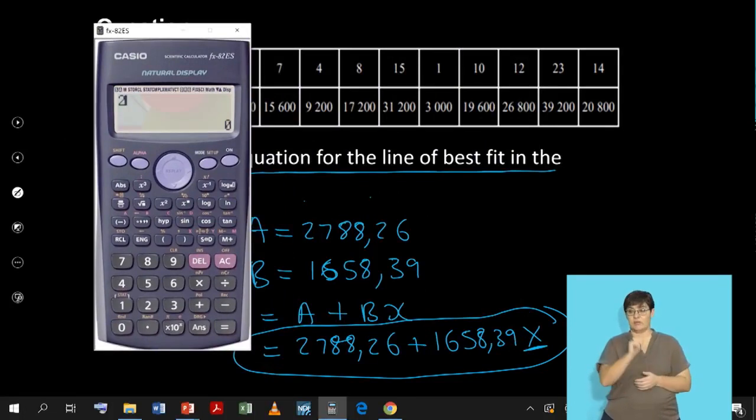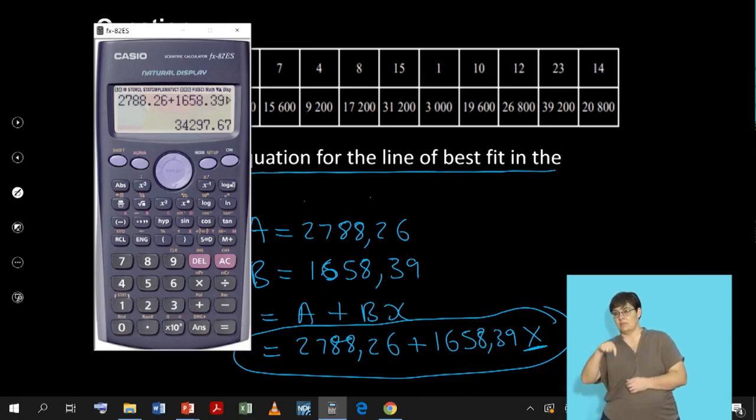So it's 2788.26 plus 165.839 times my X value, because the manager wants to use 19 staff. So we get above 34,000.